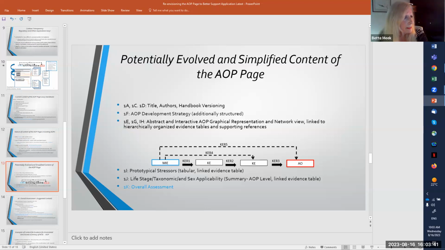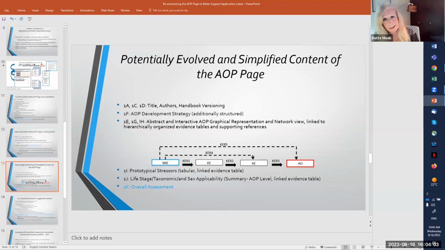And then, of course, the additional content on prototypical stressors, which is tabular and could be linked, and the life stage taxonomy and sex applicability, the summary at the AOP level, and linked evidence tables. And I think we can structure these summaries to a greater extent than we have done in the past. Certainly for the AOP development strategy, that's possible.